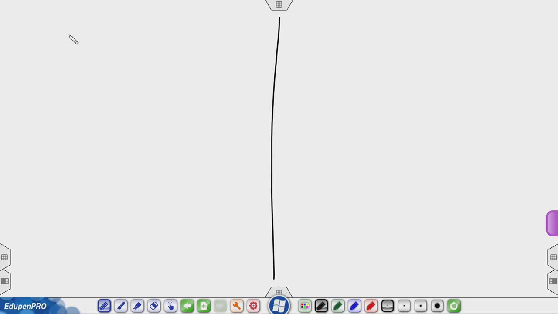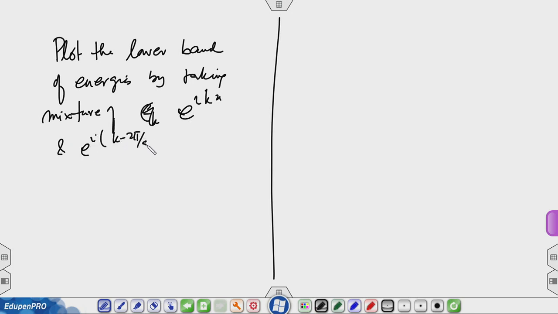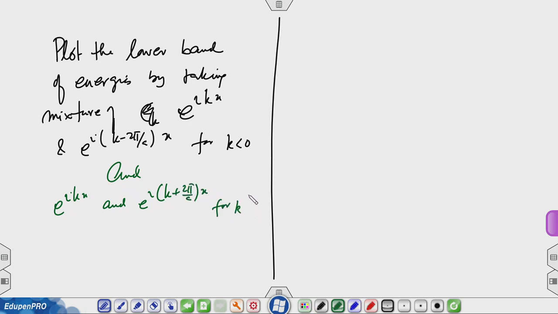So, what I would like you to do is plot the lower band of energies by taking a mixture of e raised to i kx and e raised to i k minus 2 pi by a x for k less than 0, and e raised to i kx and e raised to i k plus 2 pi by a x for k greater than 0.